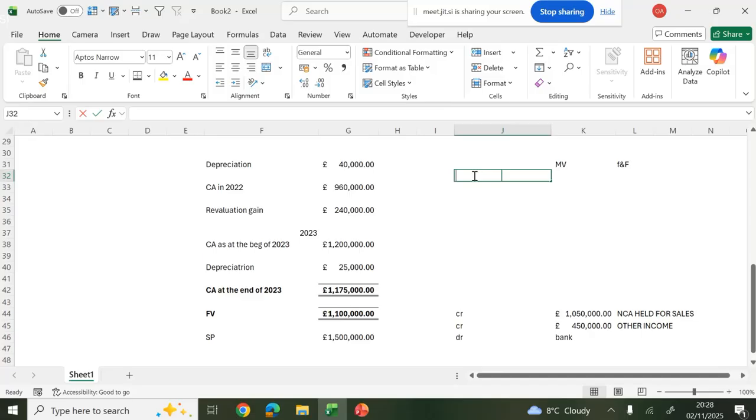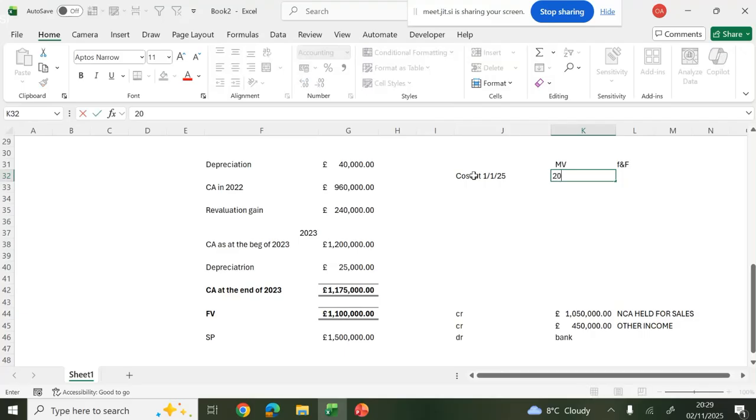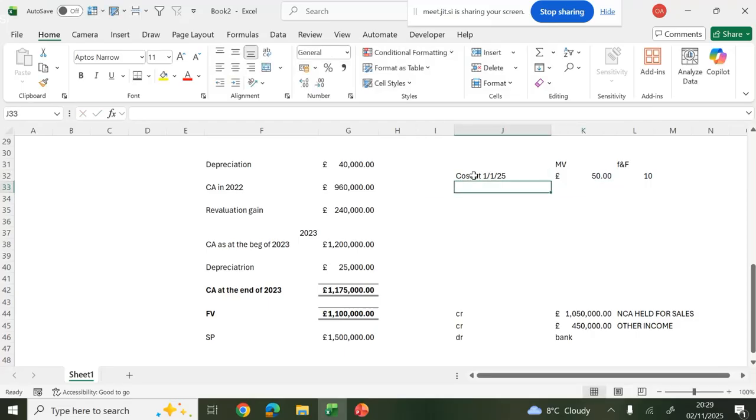You have cost at 1 January 2025, we're in 2025, right? What is the cost? Let's just say it's 20. Let's say this one is 10, because furniture should not be more than motor vehicle. Let me say this one is 50 potentially, right?